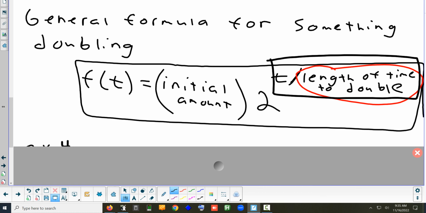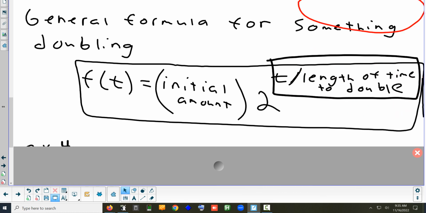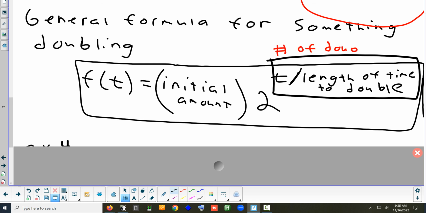What I just put a box around, t divided by the length of the time to double, that has to be the number of doubling cycles. It's the number of times that something has doubled.